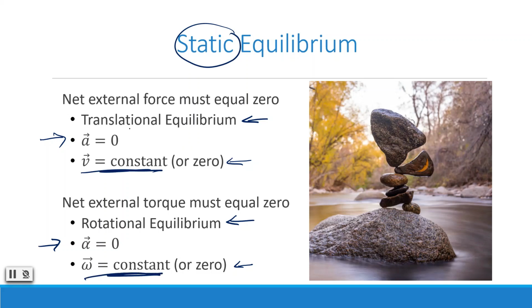For static equilibrium, both of those conditions have to be met and you can't be moving. Otherwise, you could be in dynamic equilibrium and have both of those conditions still be met, but in that case you're going to be constant but non-zero. In this case, we're going to be constantly 0 for static equilibrium.